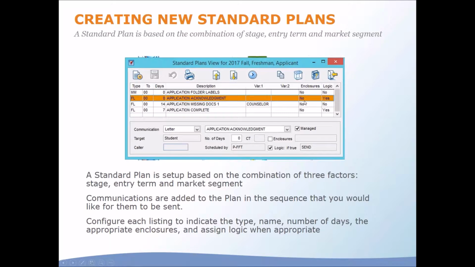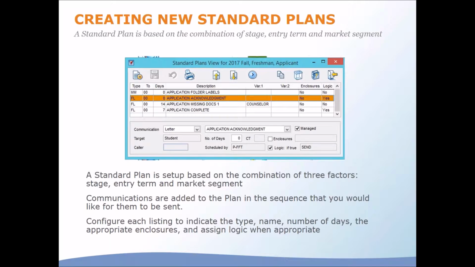So maybe you want the communication to be sent only if there's a piece of data in the student's record that indicates that they should be sent this specific communication. So logic in the student's record is going to tell the program that it should or should not be sent.